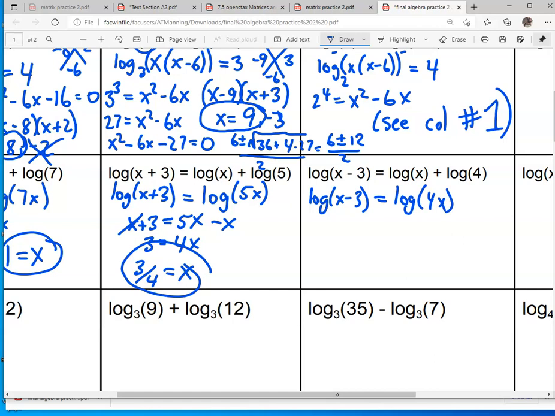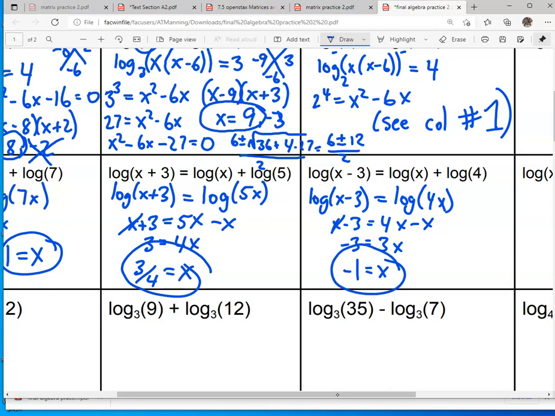Set them to be equal now, and I have x minus 3 equals 4x. And negative 3 equals 3x. Therefore divide by 3, I get negative 1 equals x.